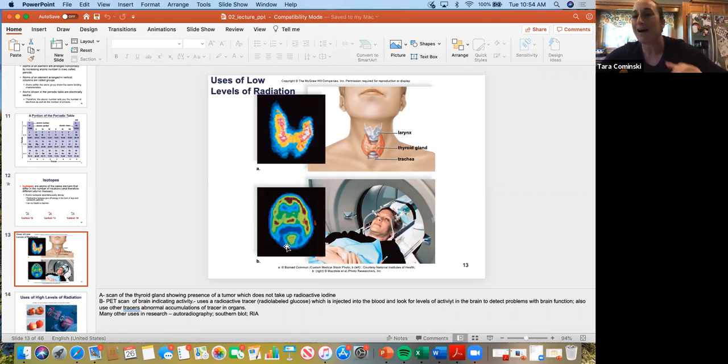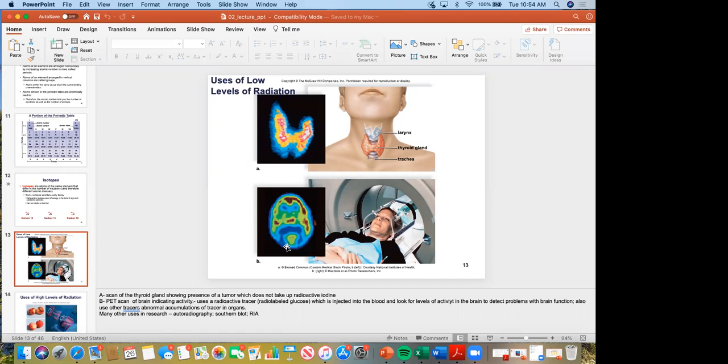All right, so what about high levels? I gave two examples of using high levels of radiation. You can use radiation therapy to kill off tumors. Good. Remember, this has to be super focused.